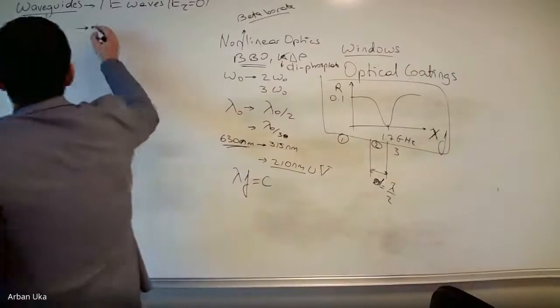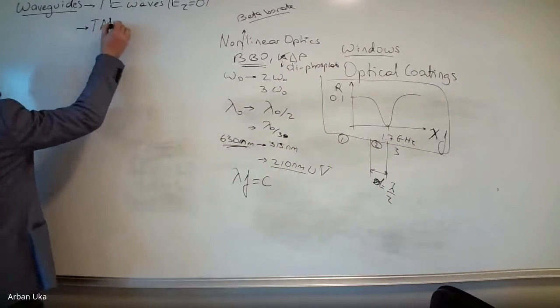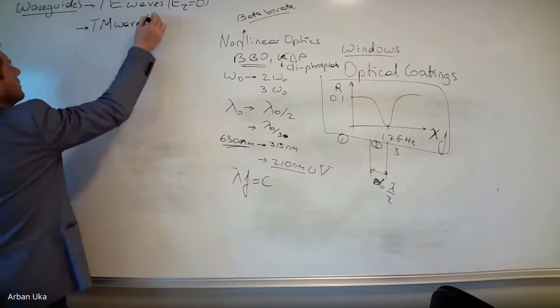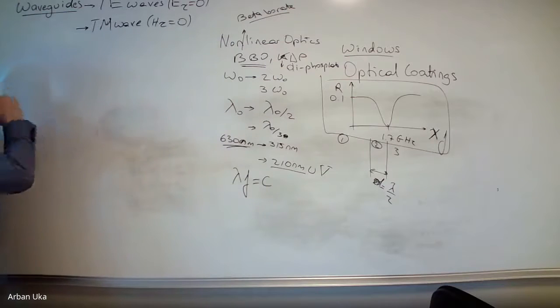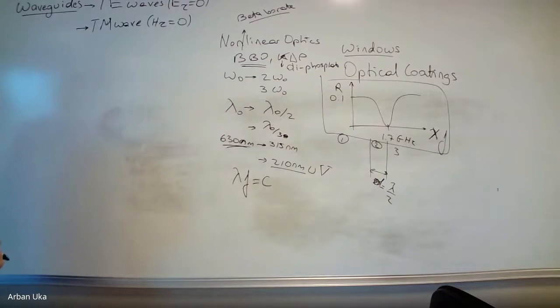Then we did the TM wave. So the TM wave is similar, and this implies that Hz is equal to 0. And then we noticed that both for the TE wave and the TM wave, we had modes, right?